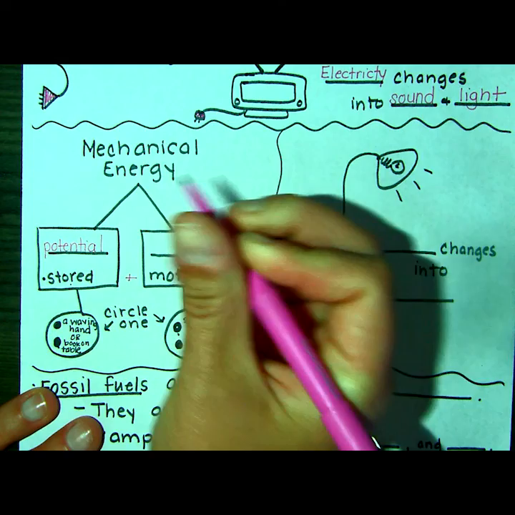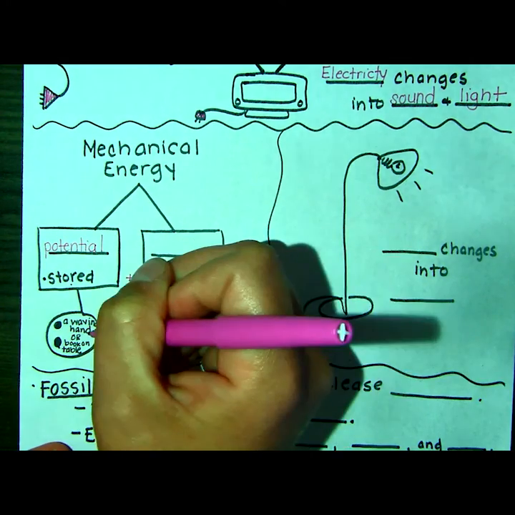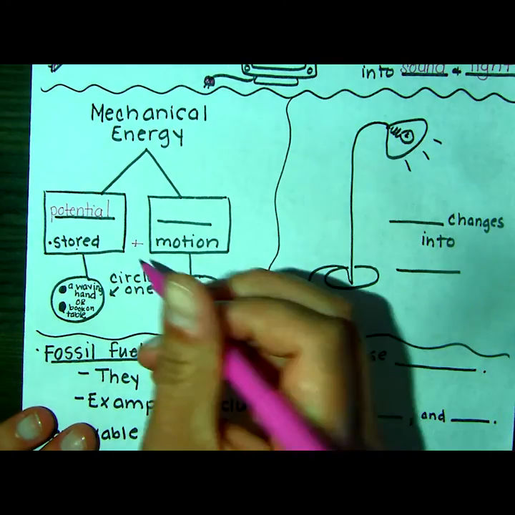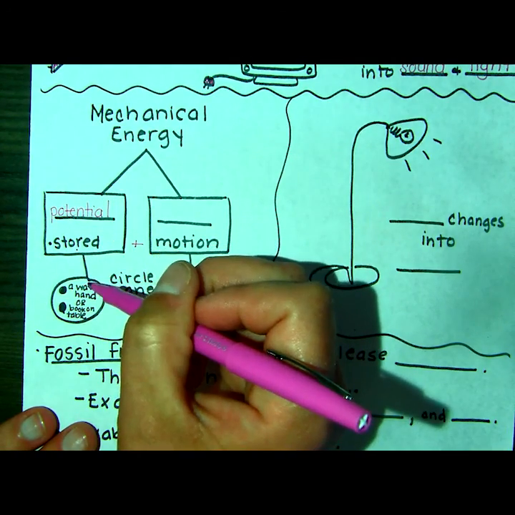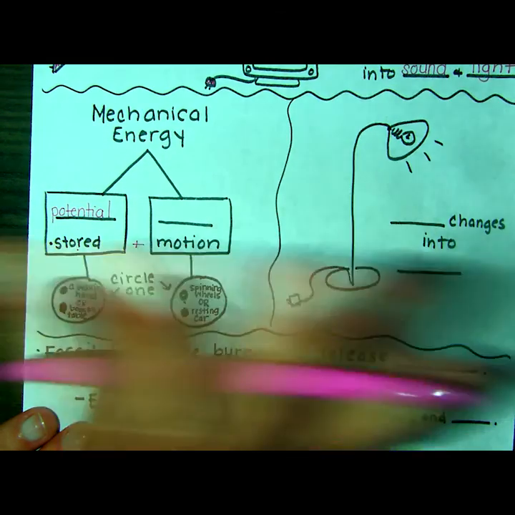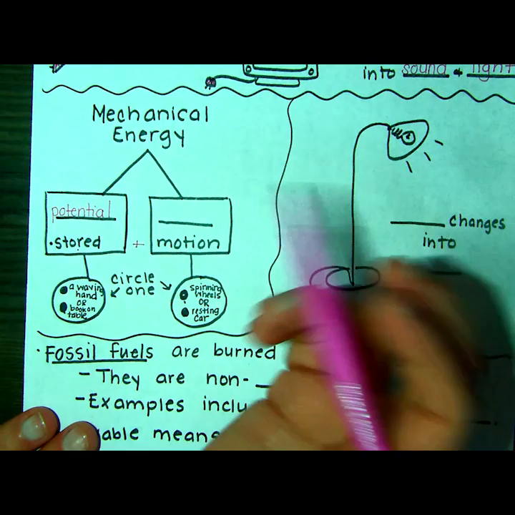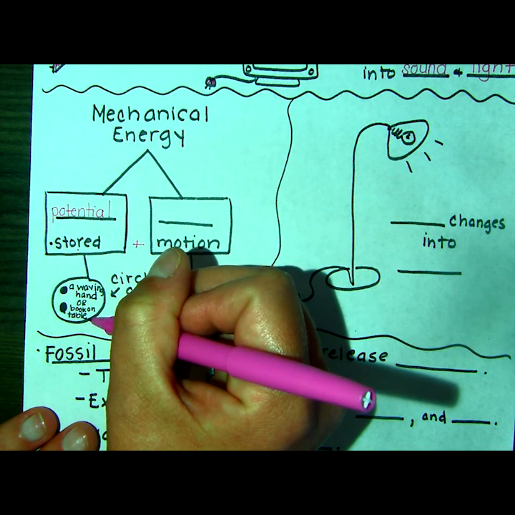So an object has potential energy. And then we see this example here. So you were told to circle one. So an object with potential or stored energy, is that going to refer to a hand that is waving or a book that is resting or sitting on a table?